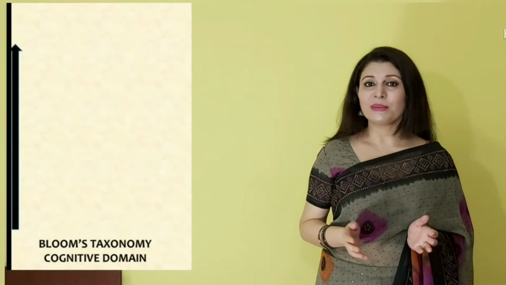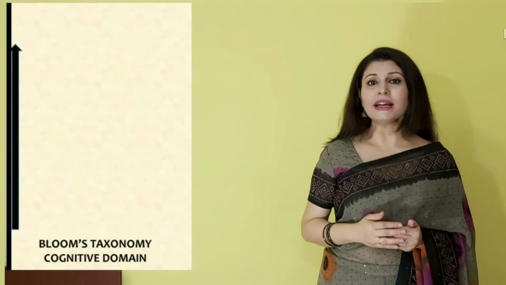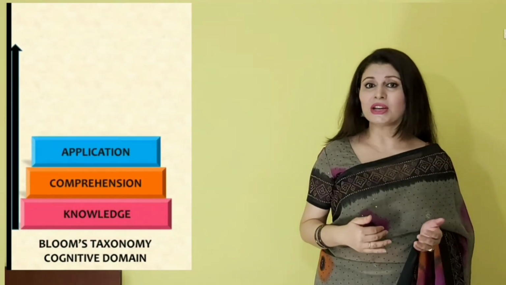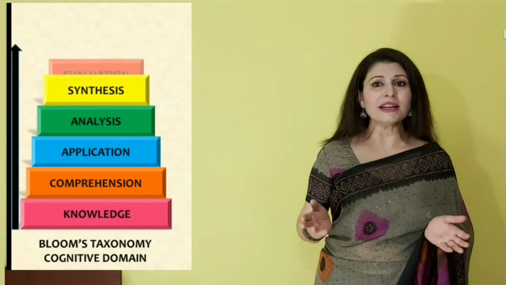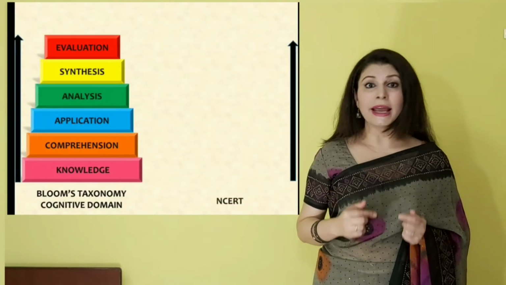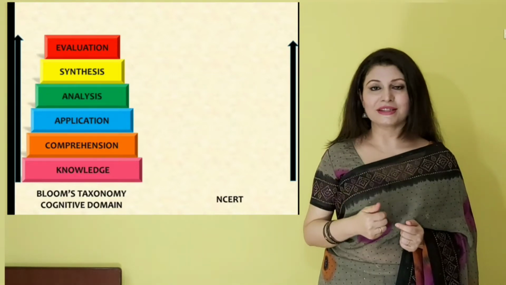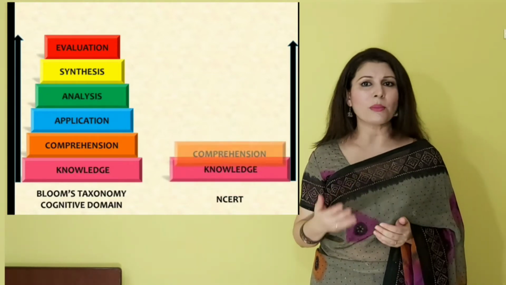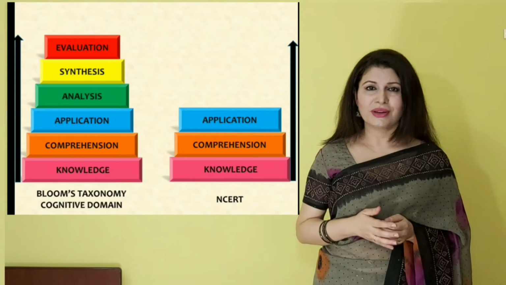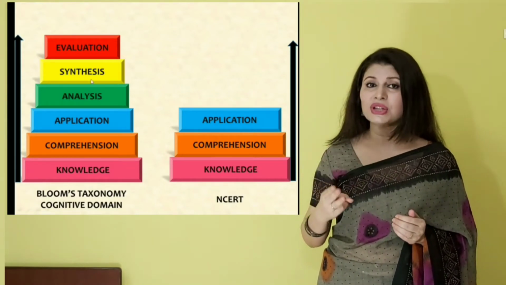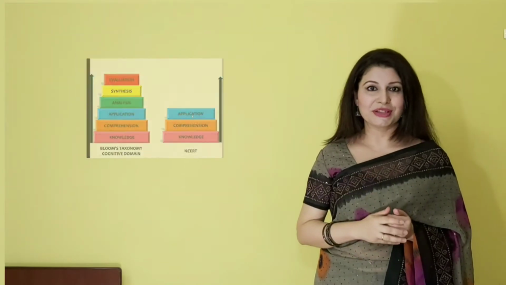In Bloom's taxonomy, there are 6 levels of learning in the cognitive domain, which are knowledge, comprehension, application, analysis, synthesis and evaluation. But NCERT has listed only 3 levels instead of 6, which are knowledge, comprehension and application. Actually, it has merged analysis, synthesis and evaluation into application objectives.